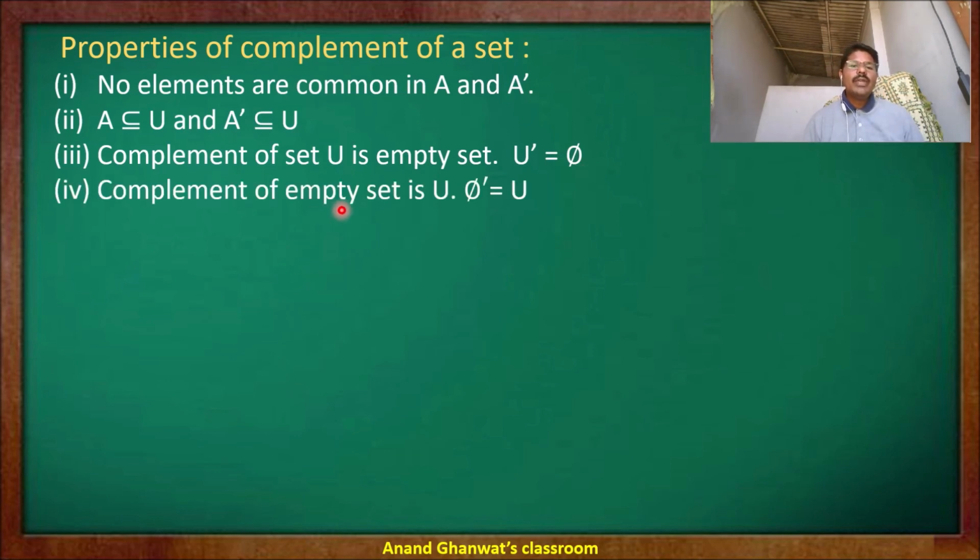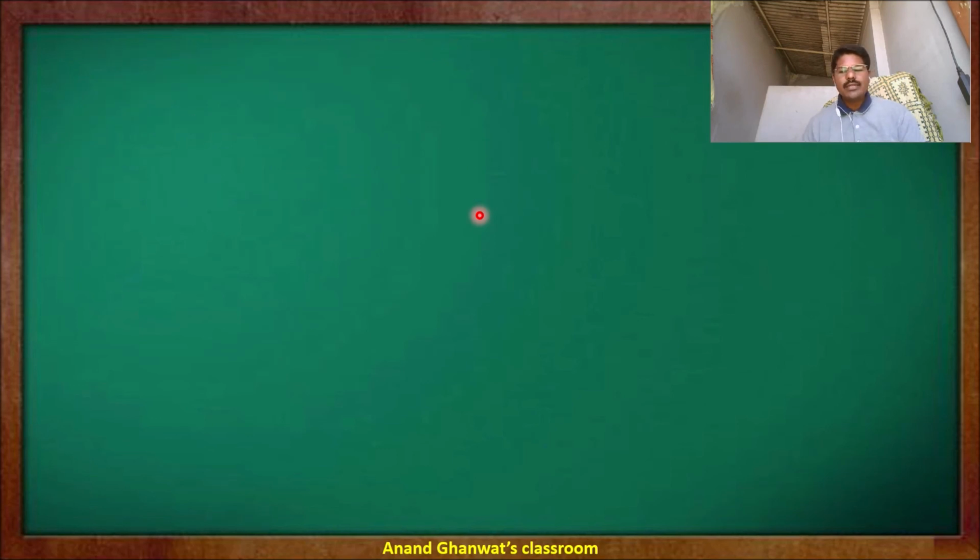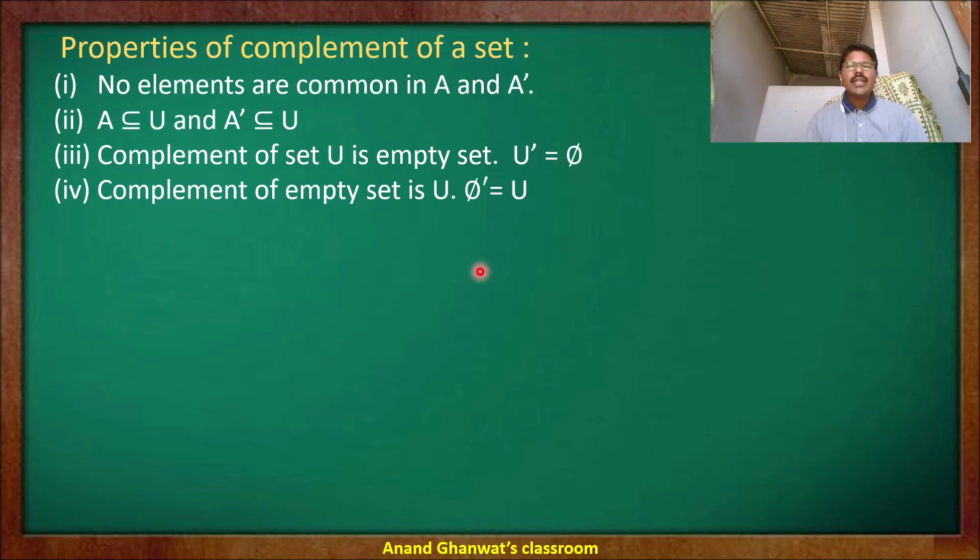The complement of the empty set is U. So the complement of phi, the complement of the empty set, means the elements which are present in the universal set but not present in the empty set. All the elements in the universal set are not present in the null set but present in the universal set. Therefore, the complement of phi is equal to the universal set.